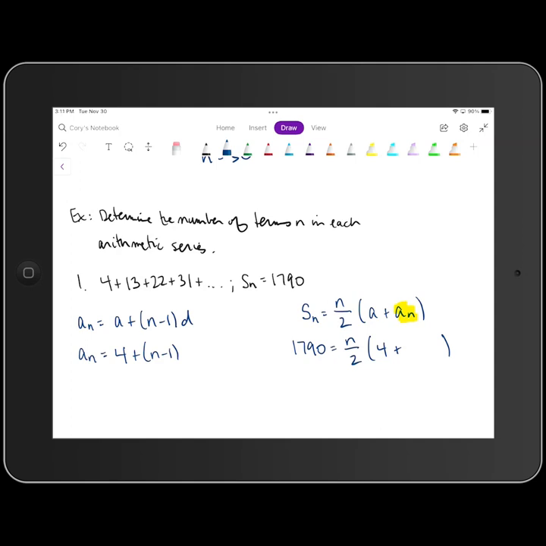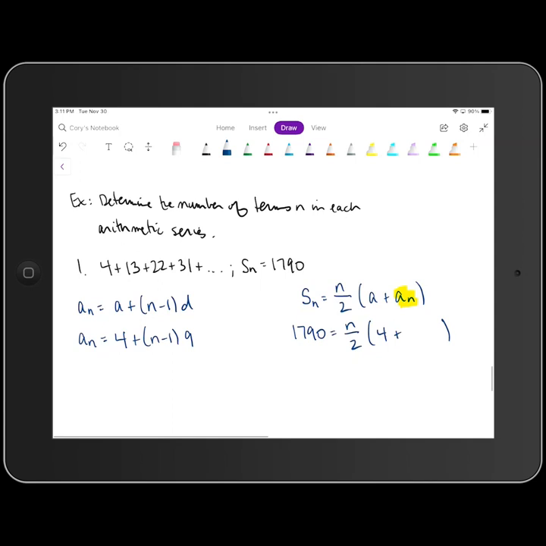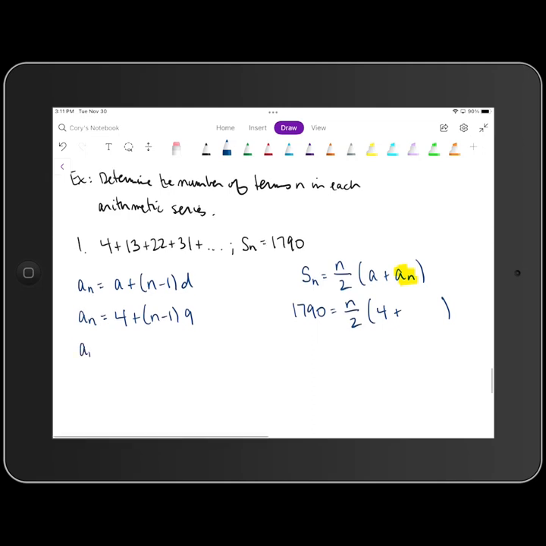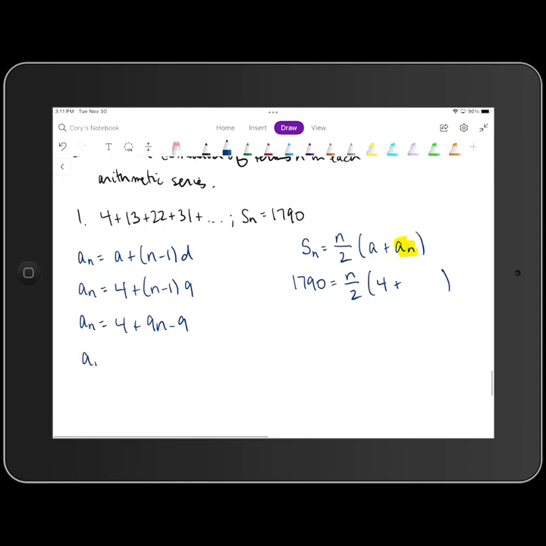To go from one term to the next, the common difference here is going to be 9, because 4 plus 9 is 13, 13 plus 9 is 22, 22 plus 9 is 31. Which makes a sub n equal to 4 plus, when I distribute 9, we get 9n minus 9, which makes a sub n equal to 9n minus 5.